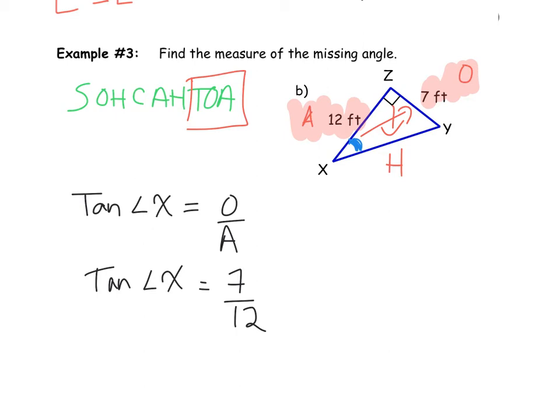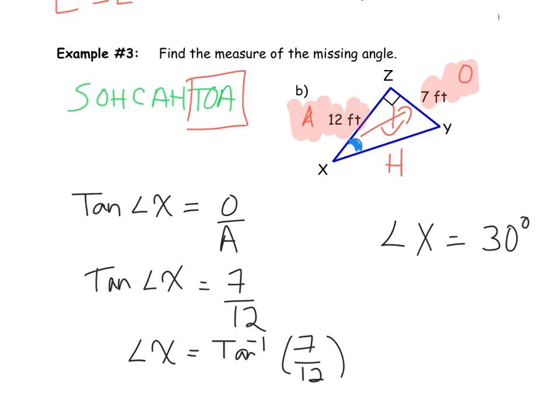So now I'm going to isolate angle X by saying that tan to the -1 of 7 over 12 is going to give me my angle X. So when I go ahead and I type that into my calculator, the answer that you should be getting, rounded to the nearest degree, I didn't specify, but let's do it that way, you should get 30 degrees. And so there it is. Let me know if you struggled with that, and I'll try to walk you through it. But there it is. Let's try another example.